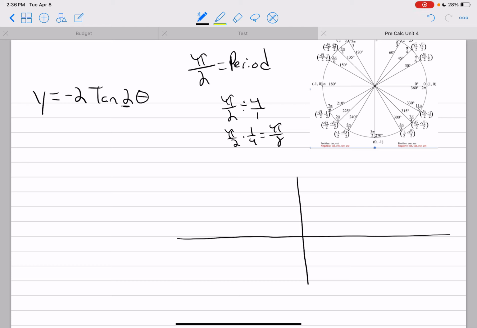So now I know I have, here's pi over 8. Here's 2 pi over 8, which is 1/4 pi. Here is negative pi over 8.